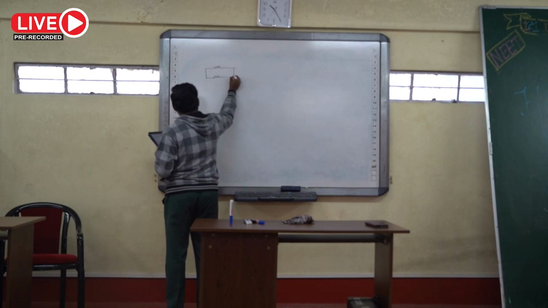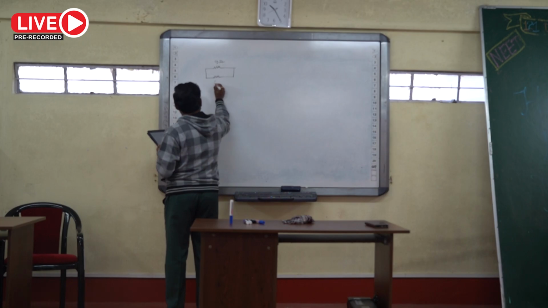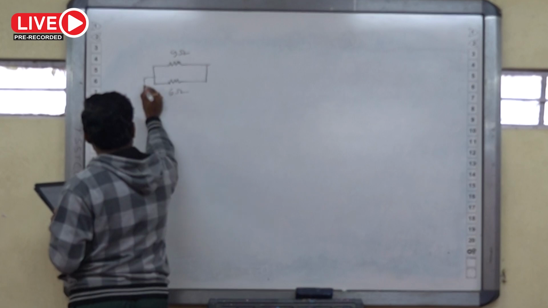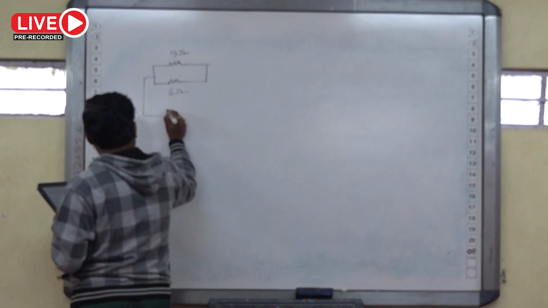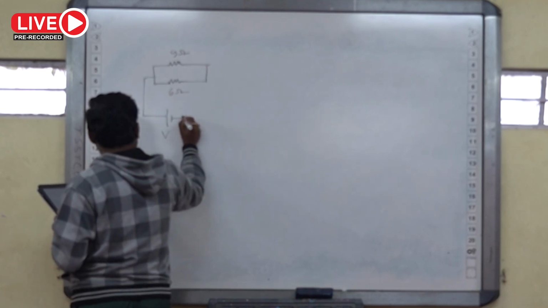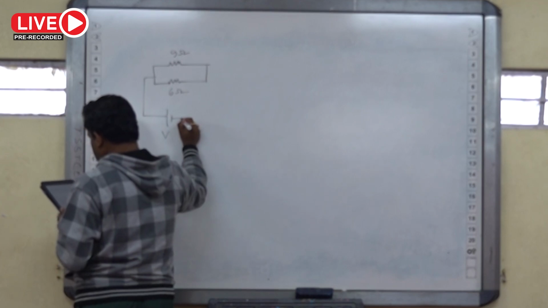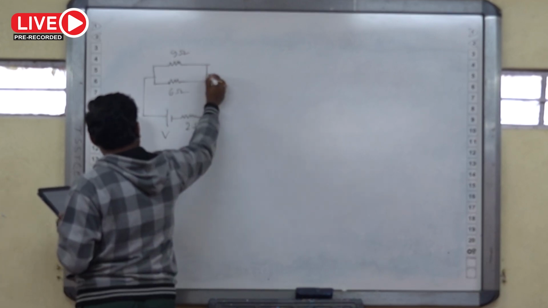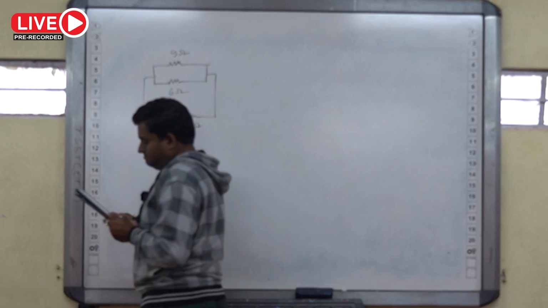Circuit is given: 9 ohm, 6 ohm, the battery voltage V, this is 2 ohm.